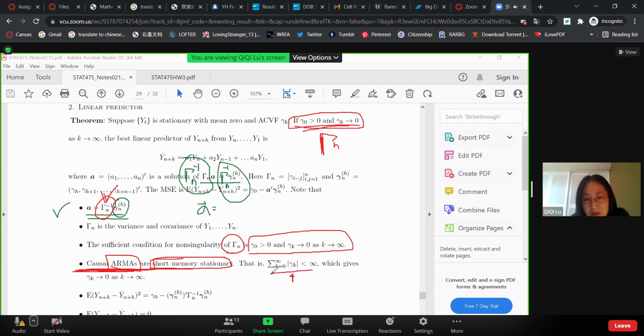So gamma k goes to 0 when k is large. That means if you have a causal ARMA and this condition is satisfied, then you can find this inverse, gamma n inverse, and compute the coefficient vector A. So if you have a causal ARMA, you can go ahead and use the linear predictor. You have a solution of this equation here.